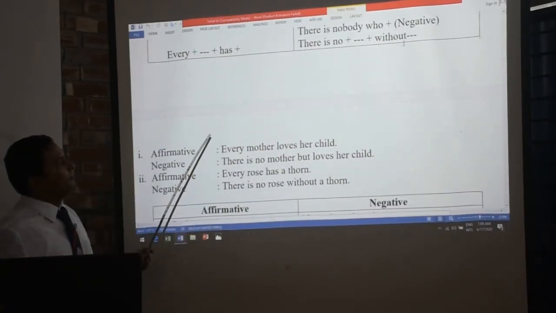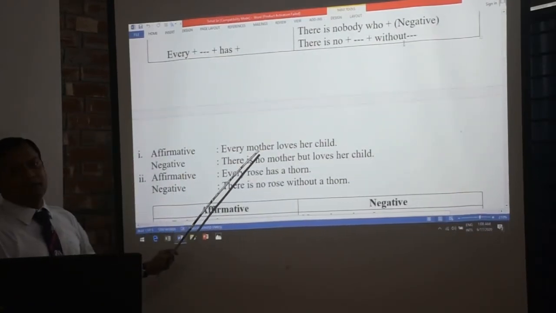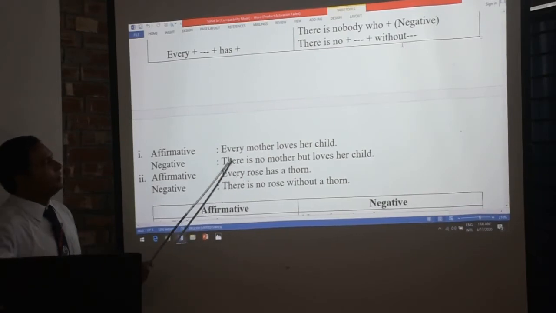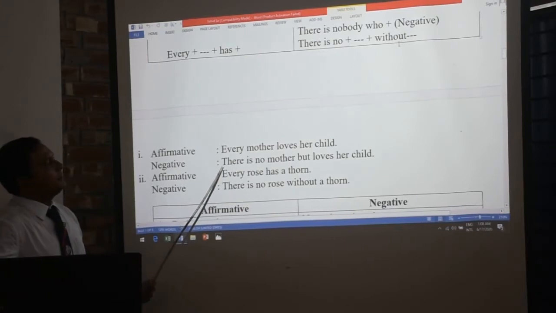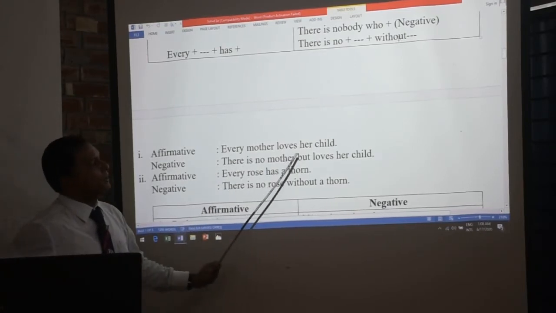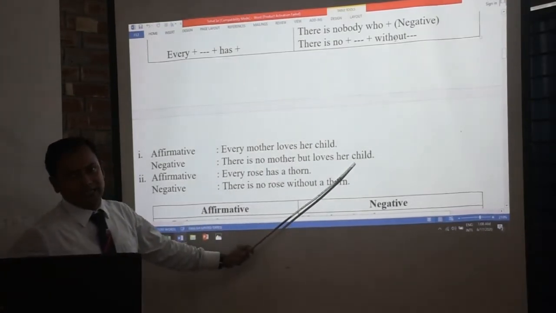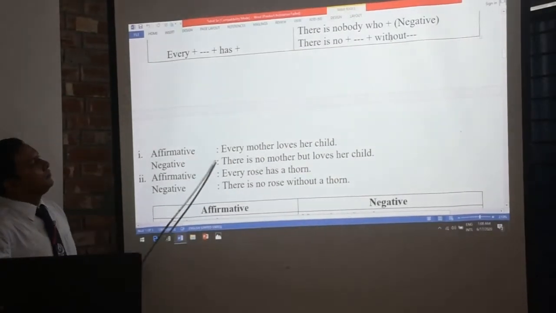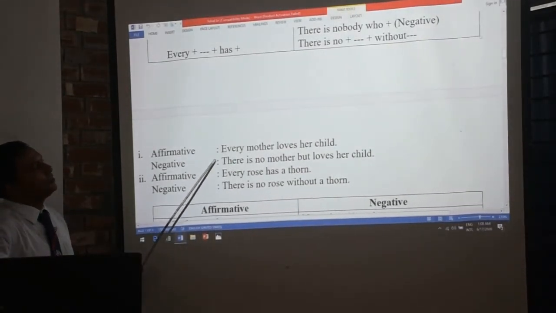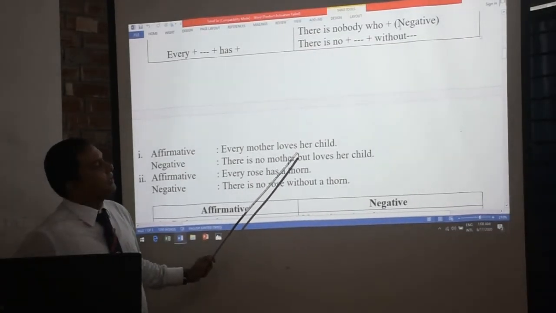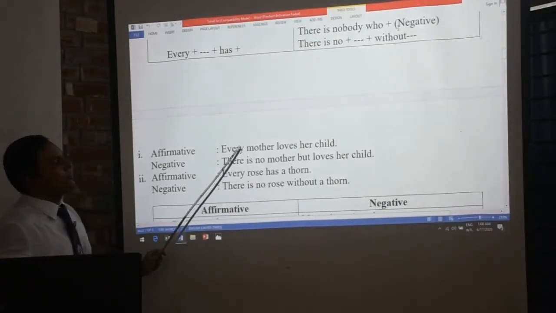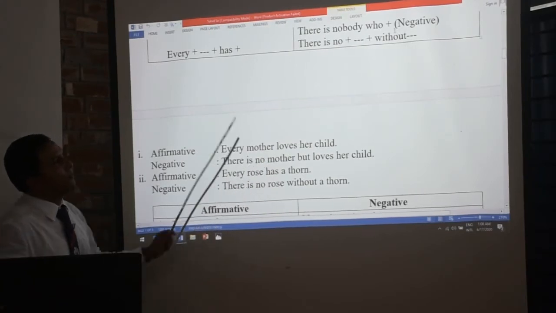See an example. Every mother loves her child. Here we use but. The answer is there is no mother but loves her child. We can also use there is no mother who does not love her child. If you use who, you have to use negative form according to the rule.